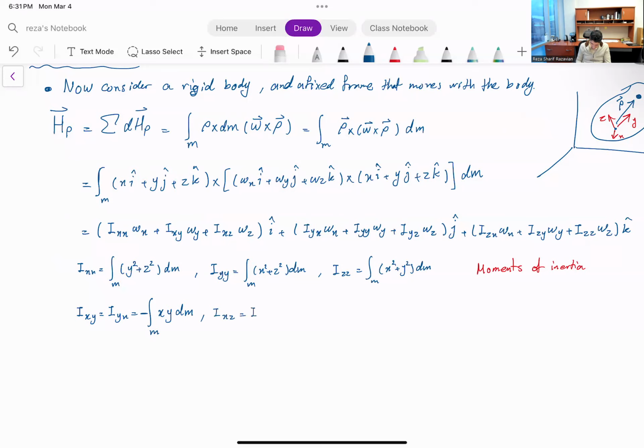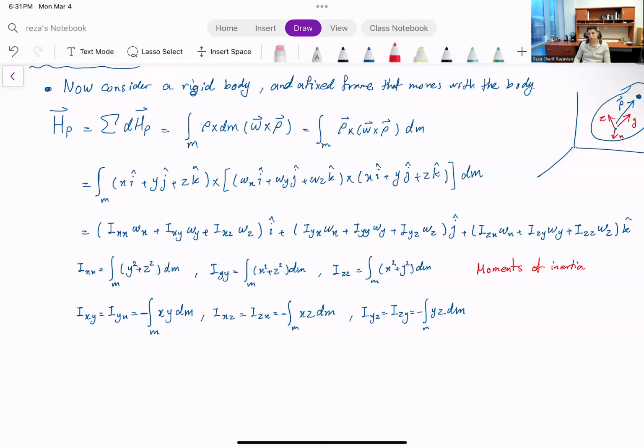Ixz equals Izx equals minus the integral over m of xz dm, and Iyz equals Izy equals minus the integral of yz dm.